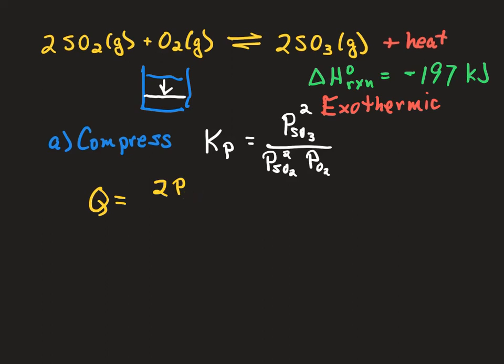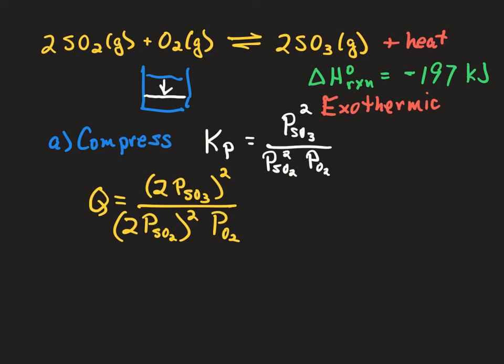All right, go back to this. Sulfur trioxide. That would all be squared, because the pressure doubled, divided by 2 times the pressure of sulfur dioxide squared. And again, let's make this clear. This would all be squared times the pressure of oxygen.